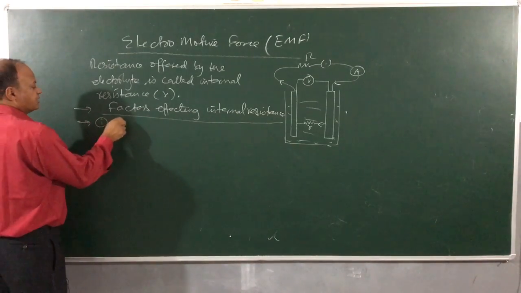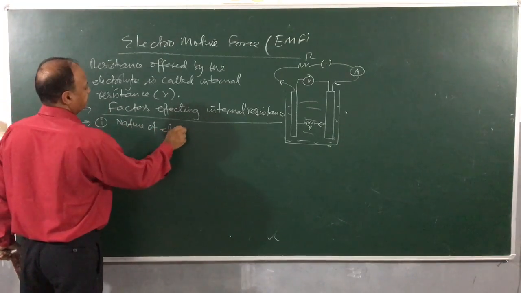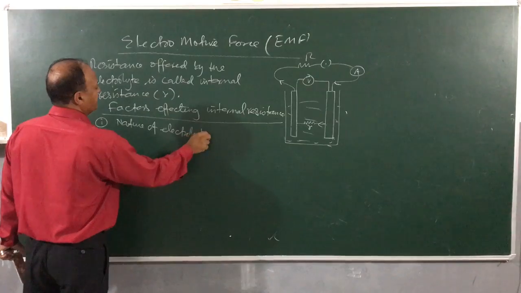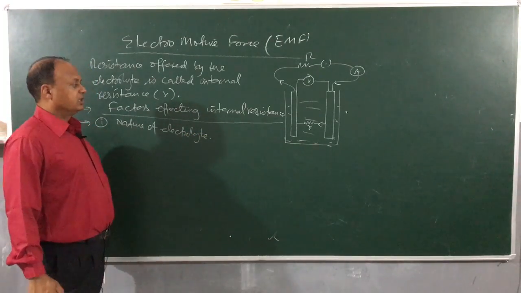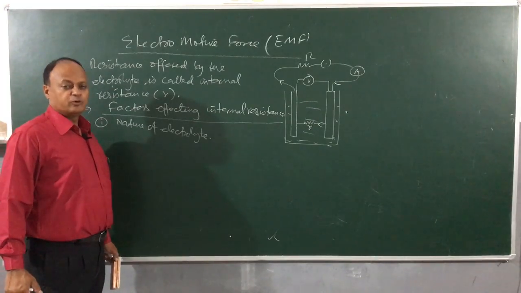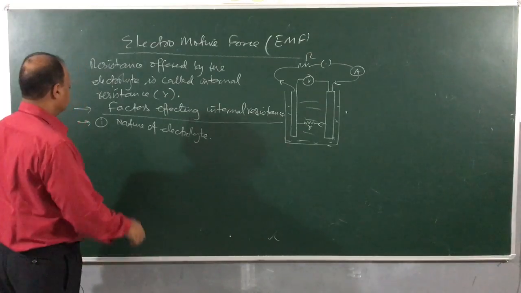First factor is nature of electrolyte. Bear in mind, if the electrolyte is a strong electrolyte, then what will happen? It will have more charge carriers and therefore internal resistance will be less.